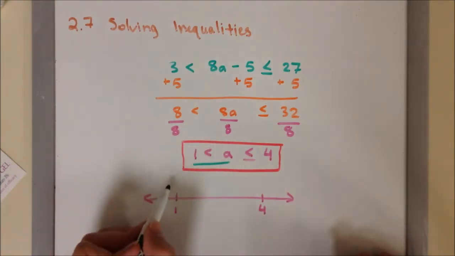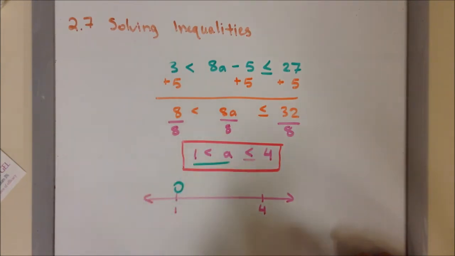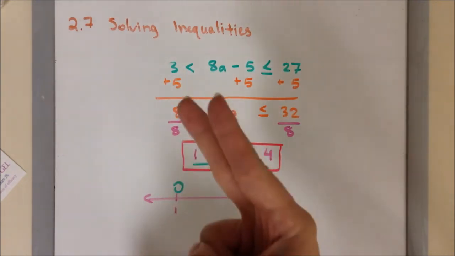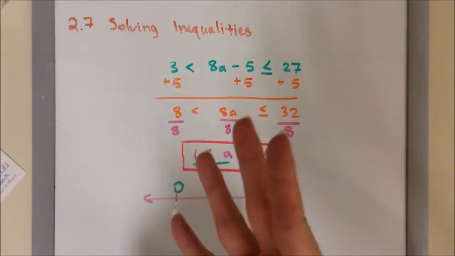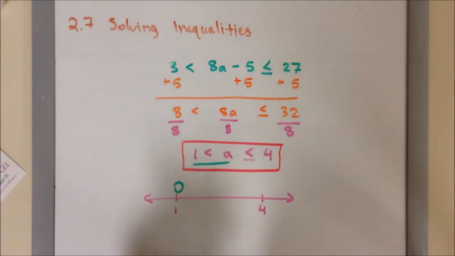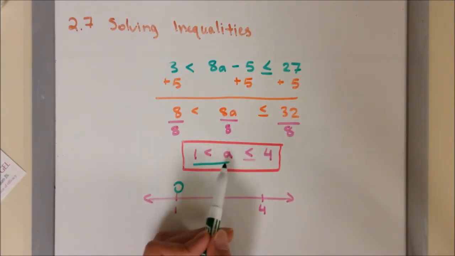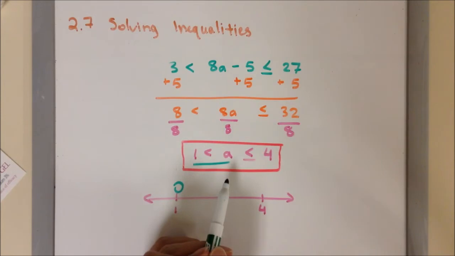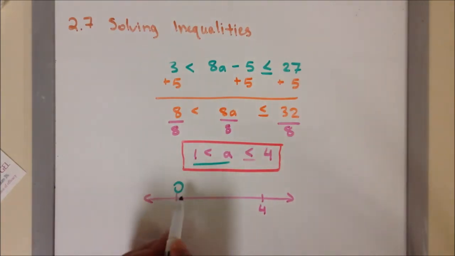Based on that inequality sign, it's going to be an open circle. So it says that 1 is less than a. So what numbers is 1 less than? 1 is less than 2, is less than 3, is less than 4, is less than 5, and so on. So when it says 1 less than a, a can be 2, 3, 4, and so on. So those numbers that a can be, they're on the right side of 1. So I'm going to go towards the right.